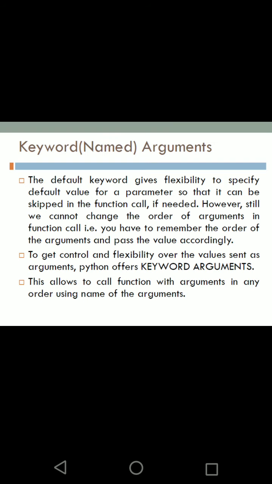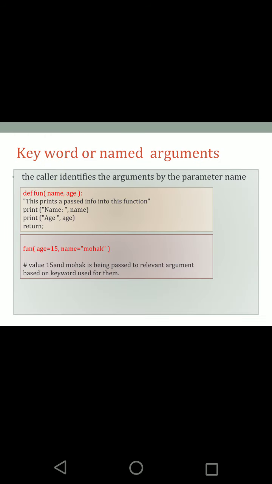Next is keyword or named arguments. All this time we saw that it is all based on positional parameters. But here it gives us the flexibility to use the name of the parameter and write it in a different order. It allows us to call the function with arguments in any order using the name of the arguments.